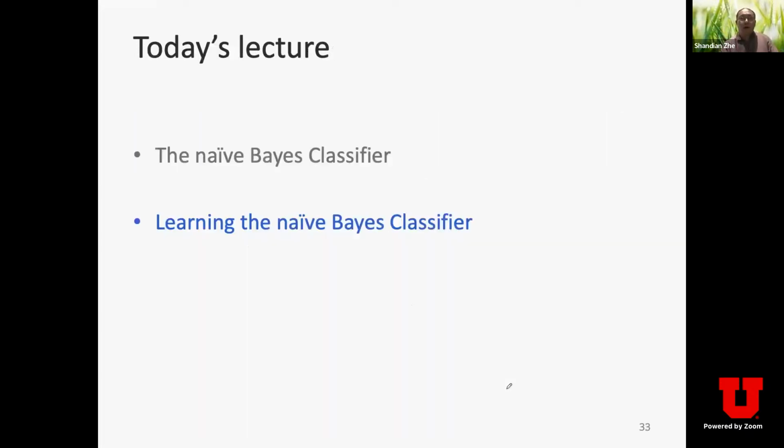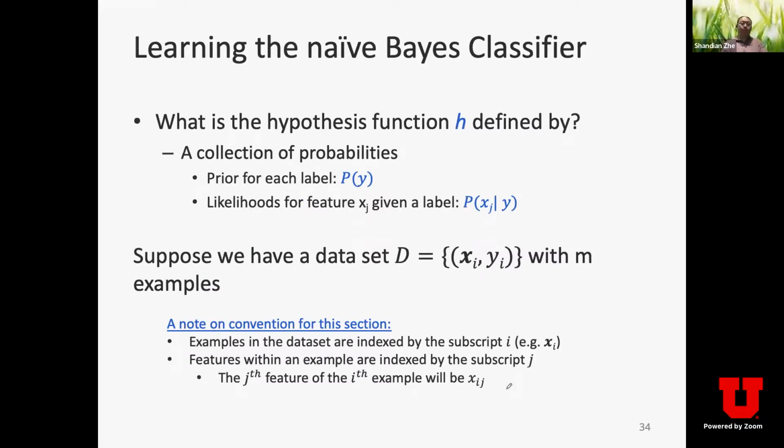Now let us look at how to learn the naive Bayes classifier. We consider a second notion of the Bayesian learning framework, meaning that we use some probability criterion to search the hypothesis space. For a particular naive Bayes classifier, your hypothesis is defined by two sets of probabilities: the prior probabilities and the likelihood probabilities.